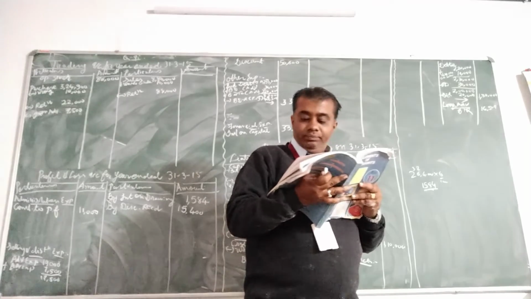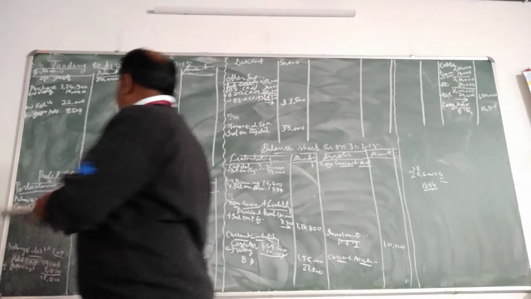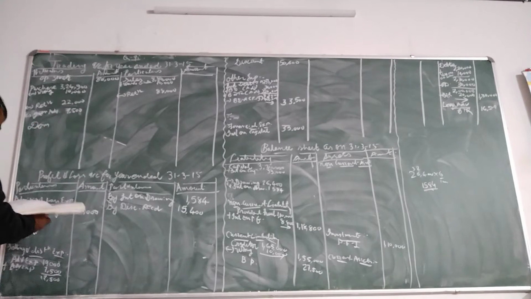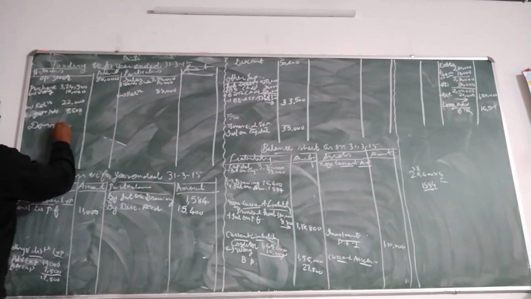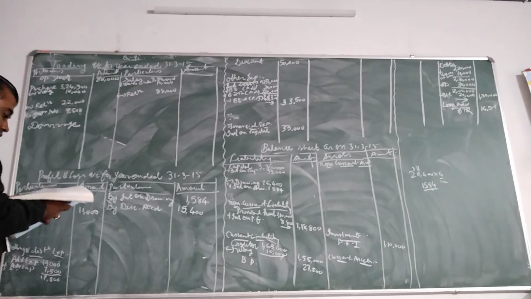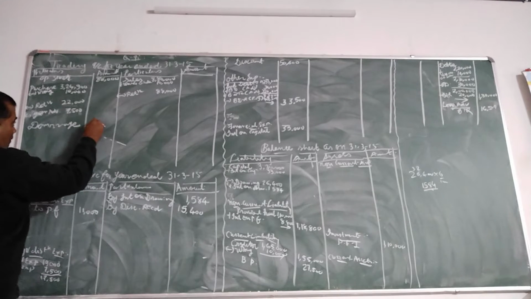Then demurrage 3,300. Trading account debit side, 3,300.